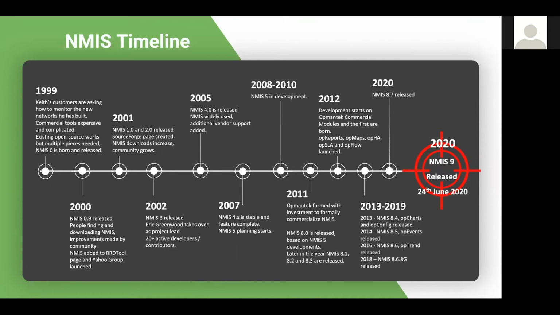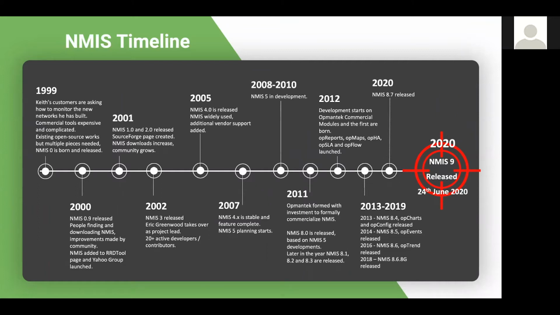So I started looking at commercial tools, and I started looking at open source tools, and found that there just wasn't a good balanced solution that provided a bit of fault and performance and a bit of event management, and just gave me what I would call Pareto's principle of network monitoring: the 20% of the functionality, that 20% of the features that delivers 80% of your requirements. So that's what NMIS was created to do, just deliver that core functionality of performance and fault management, and with some event management, escalation, and so forth.